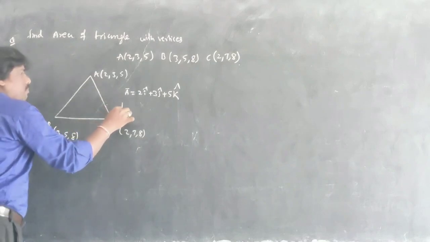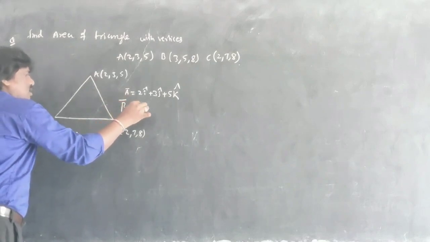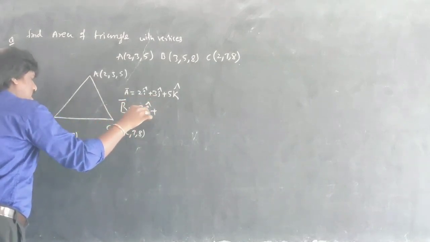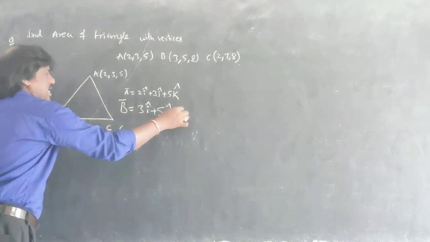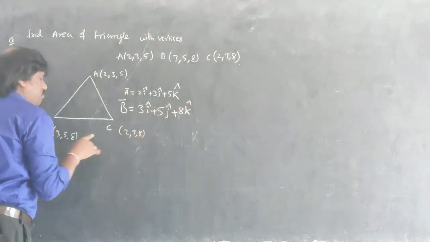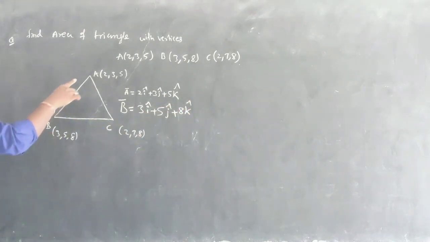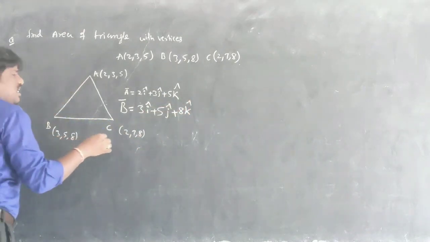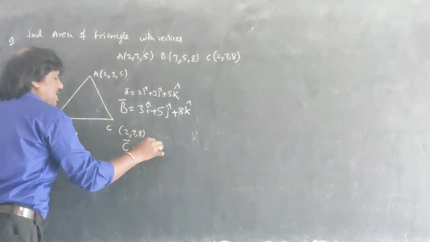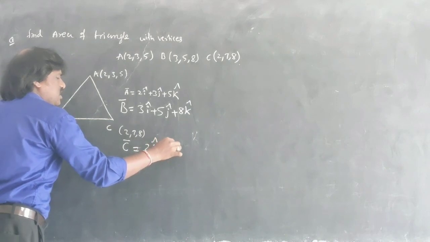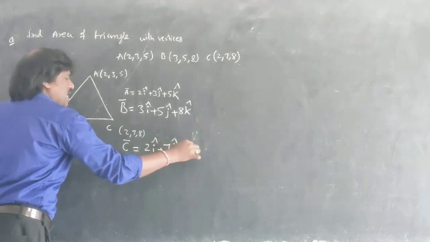Then the position vector B can be written as 3i cap plus 5j cap plus 8k cap. I can write that from this vertex. What is the position vector of this one? Position vector of C will be 2i cap plus 7j cap plus 8k cap.